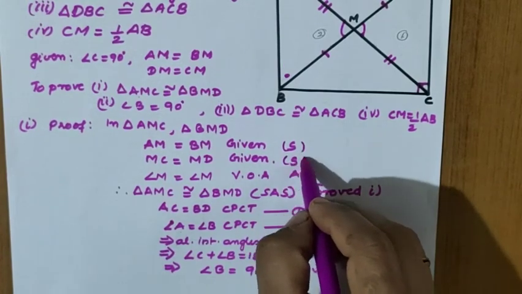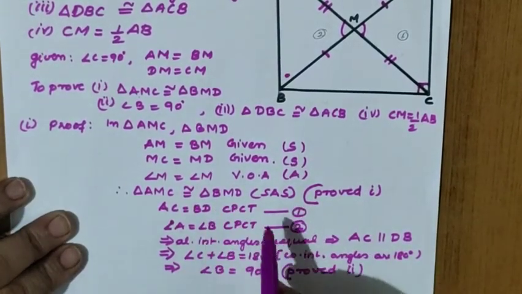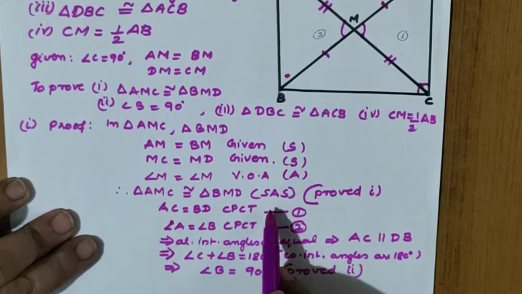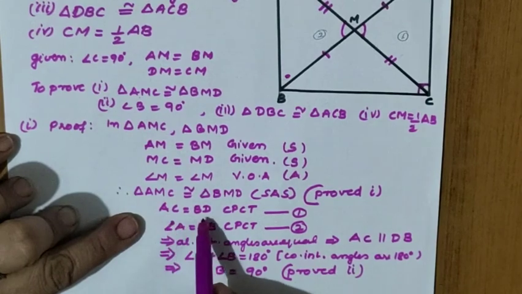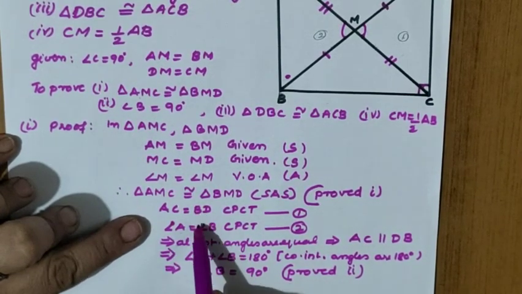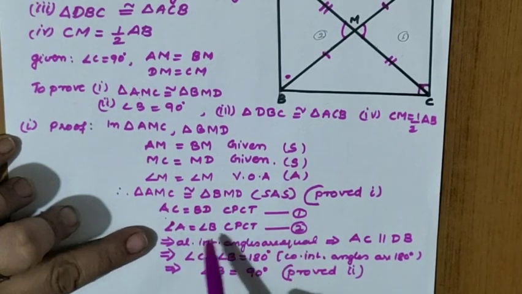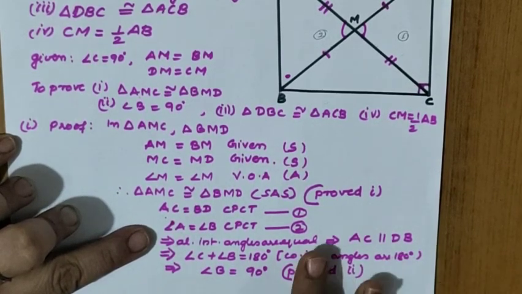So two sides, one included angle. So triangle AMC congruent to triangle BMD, SAS criteria. Now from this congruency, what can we write? AC equal to BD and angle A equal to angle B. You remember, we have written here AC equal to BD, CPCT first one, and angle A equal to angle B, CPCT 2.